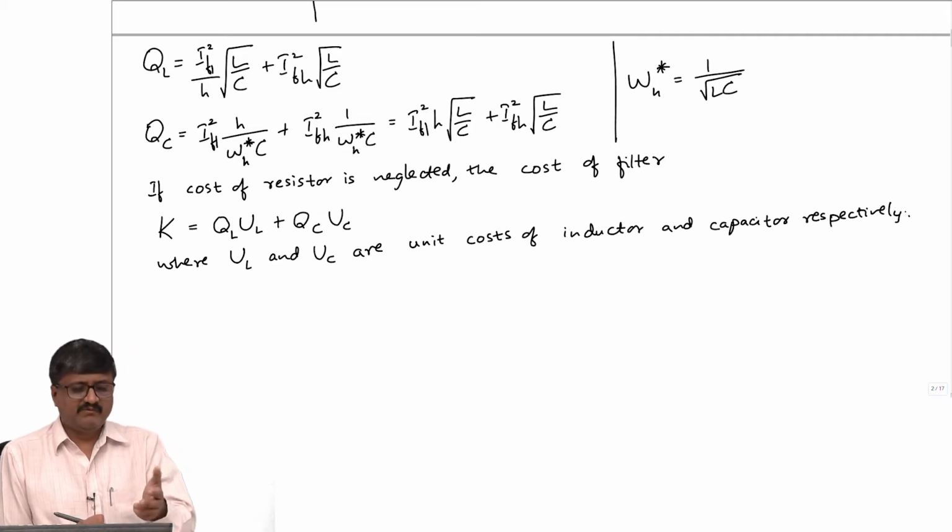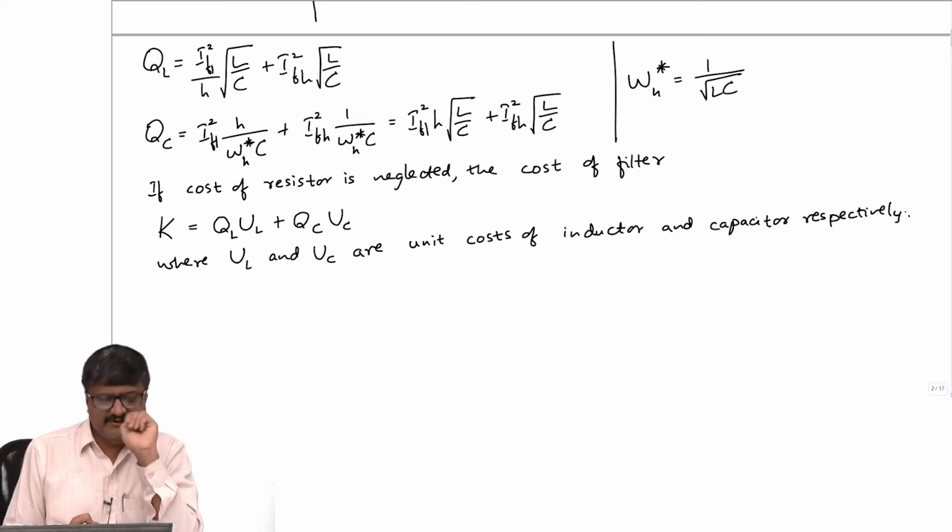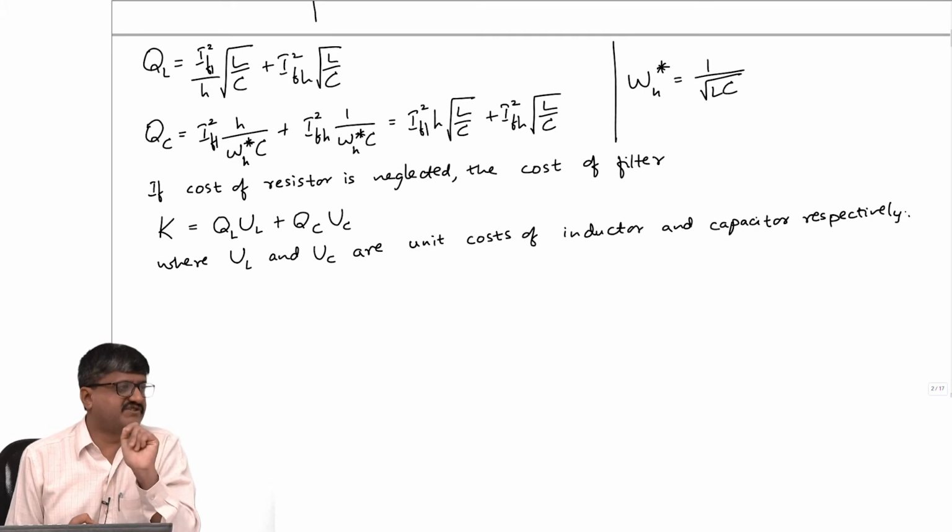So if I want to look at the expression for cost, it is in terms of QL and QC. UL and UC are constants. QL and QC are dependent on IF1 and IFH.